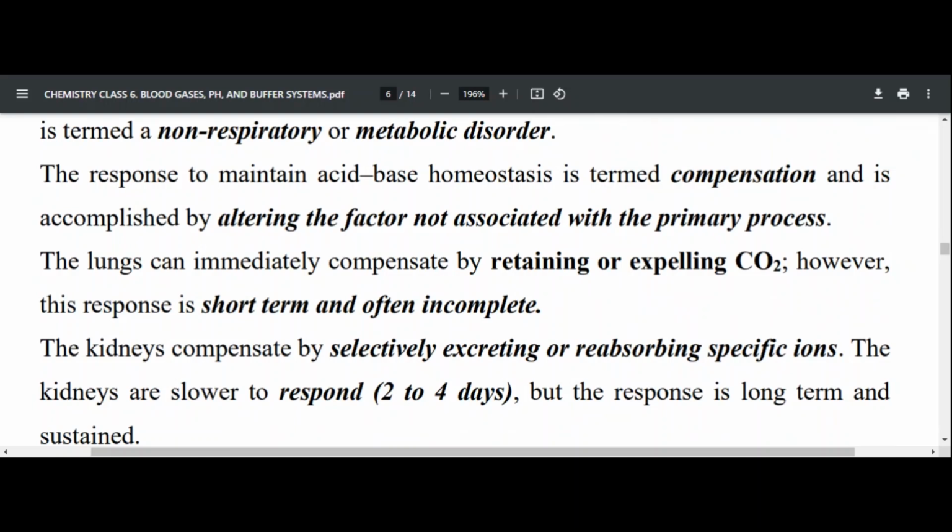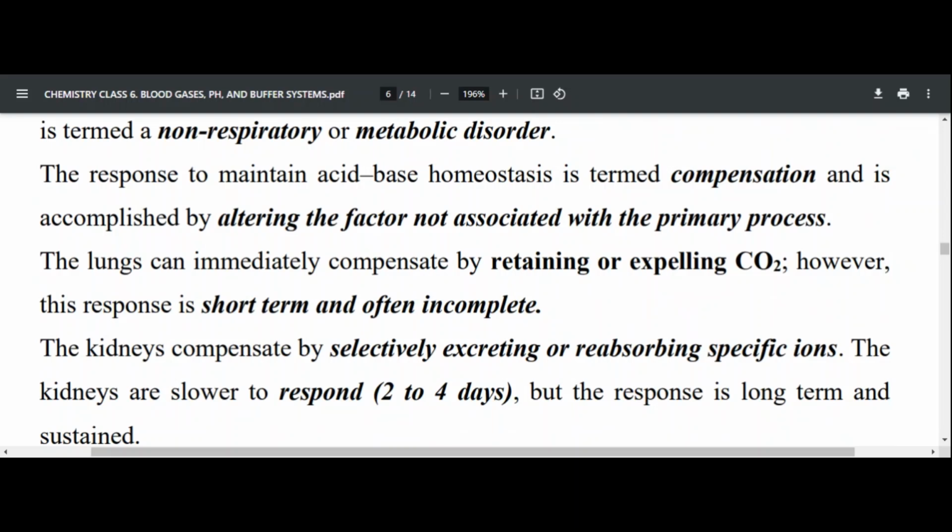I hope you understand what compensation is. If the problem is in the kidneys, the lungs will compensate for what is going on in the kidneys. So respiratory components will compensate for metabolic components, and metabolic components will compensate for respiratory components.